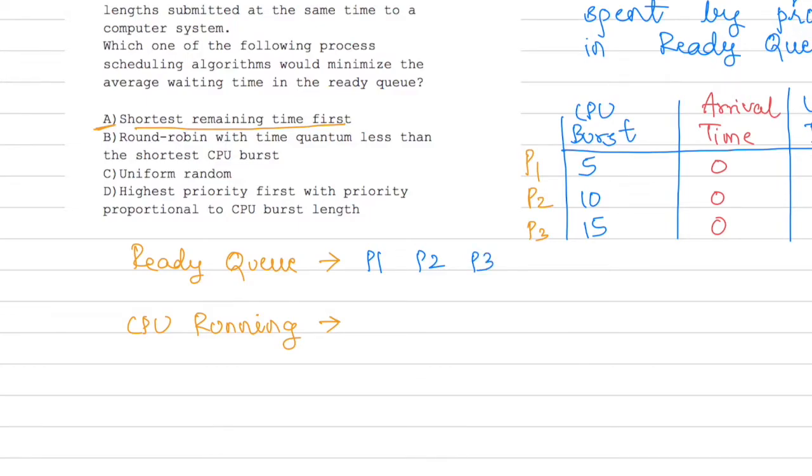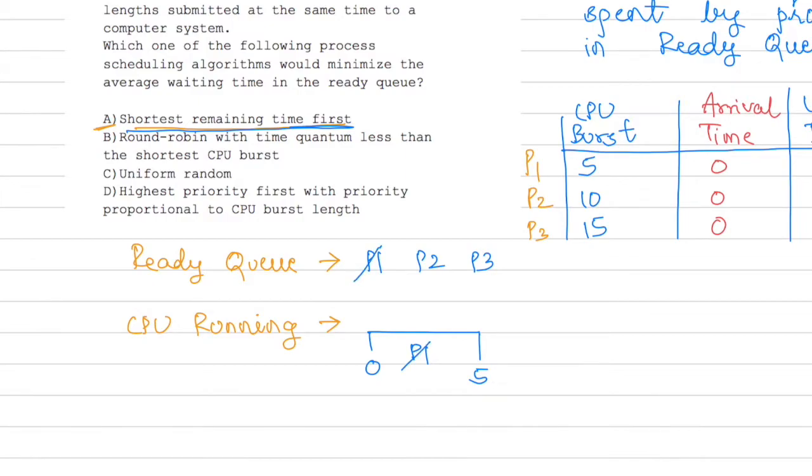Now we are going to implement shortest remaining time first. So if you look at their CPU burst, this one is the shortest, P1. So that gets picked up by the CPU. So at 0 we have P1 which gets picked up, and P1 runs for 5 seconds, so it will run from 0 to 5, and then P1 goes out of the system.